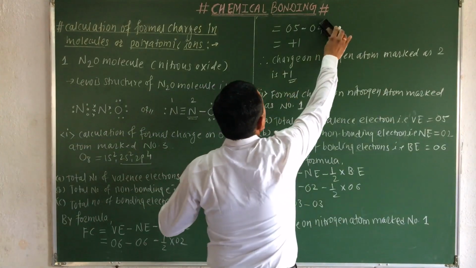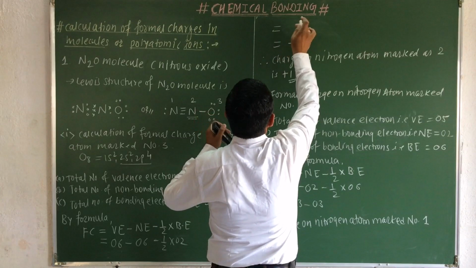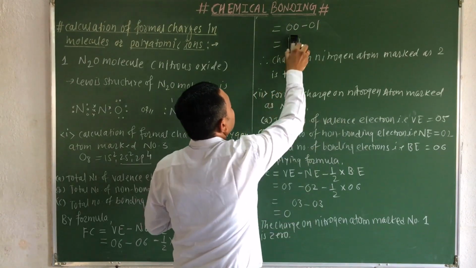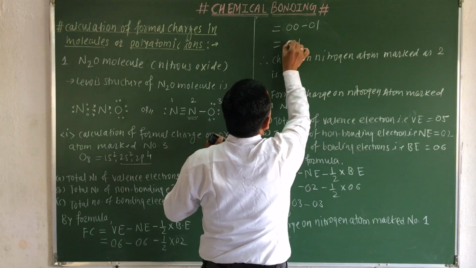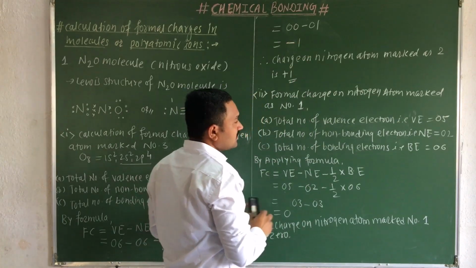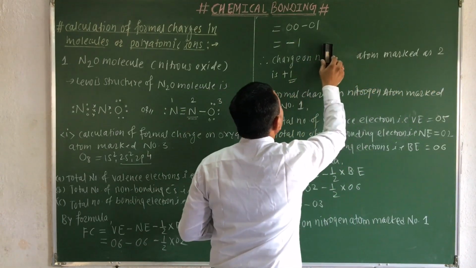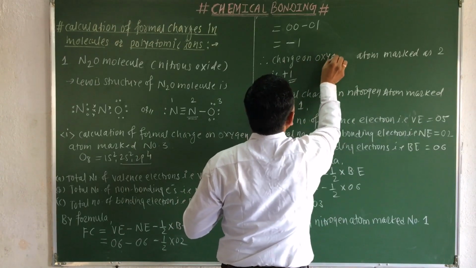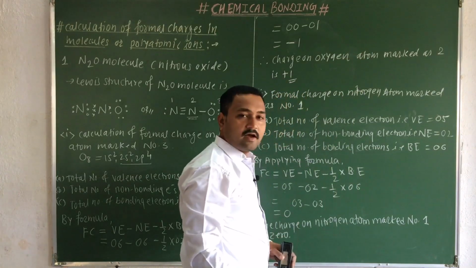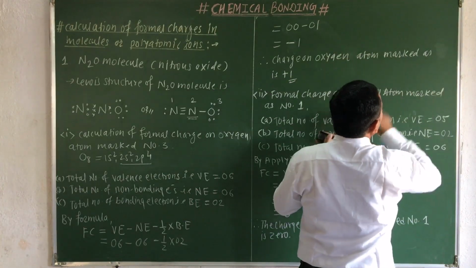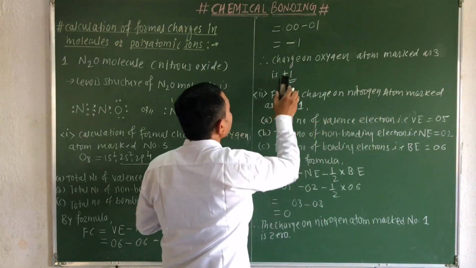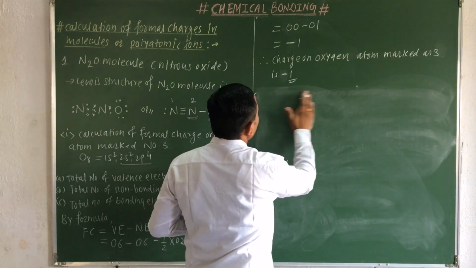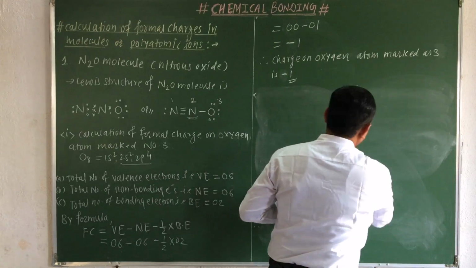So this will be equals to 0 minus 1, and its formal charge will be equals to minus 1. Therefore the charge on the oxygen atom marked as number 3 will be equals to minus 1. This is the calculation of formal charge on the oxygen atom.